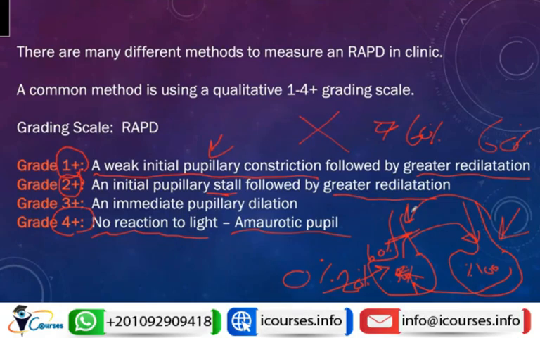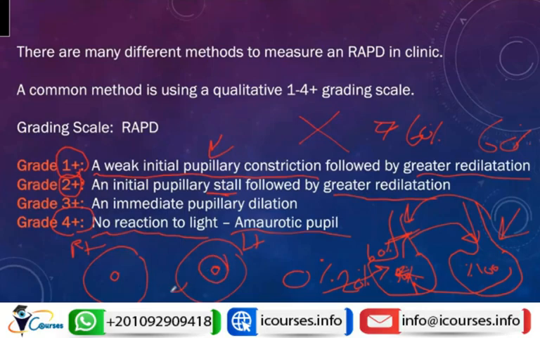Okay, for grade 2, let's say for example that this is the one eye. So we continue our example that the right eye is abnormal and the left eye is normal. So what happens when we shine the light into the left eye? Both pupils will constrict. Once we swing the flashlight from the left eye to the right eye, the left eye will start to dilate.